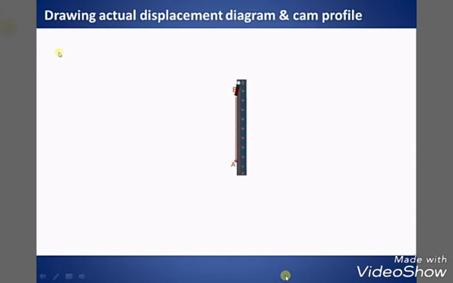So this is the stroke or lift of the follower. Draw the semicircle. Now divide this semicircle into 6 equal parts as shown over here. Now transfer this point on our semicircle, and then join these lines. So we have transferred all these points on our semicircle as shown over here.